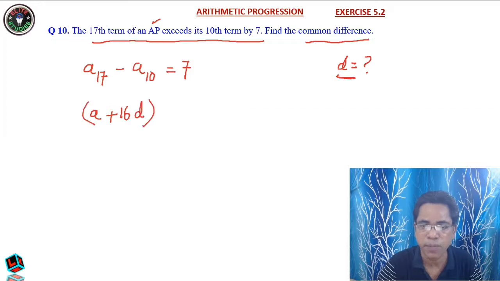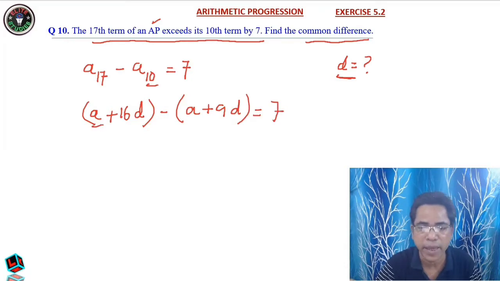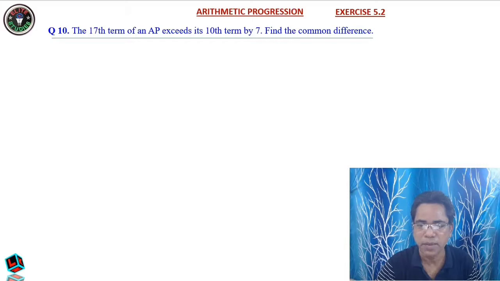Then you put minus, and similarly a10 will be what? a plus 1 less than 10, it will be 9d, equal to 7. Now here you see a and minus a cancel out. So 16d minus 9d, that is 7d is equal to 7, and d will come to be 1. So this question is very easy. Okay. Now let us see the next solution.